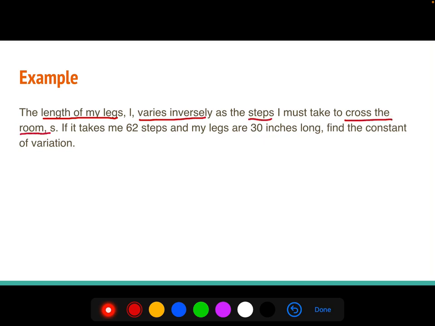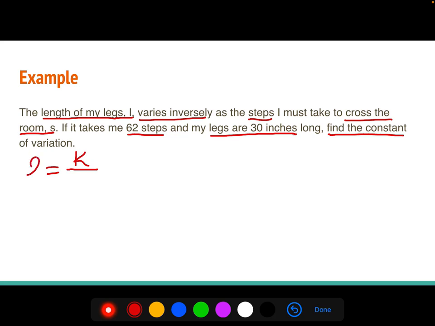Our first example: the length of my legs varies inversely as the steps I must take to cross the room. If it takes me 62 steps and my legs are 30 inches long, we're going to find the constant of variation. So let's put all that together.